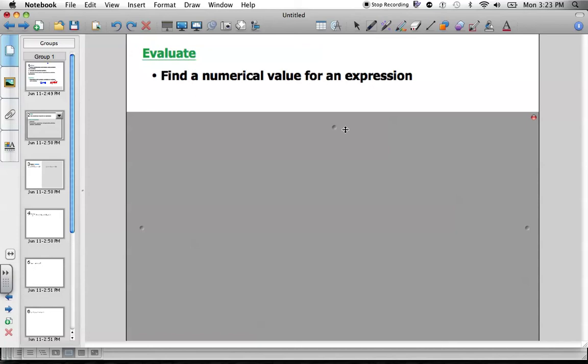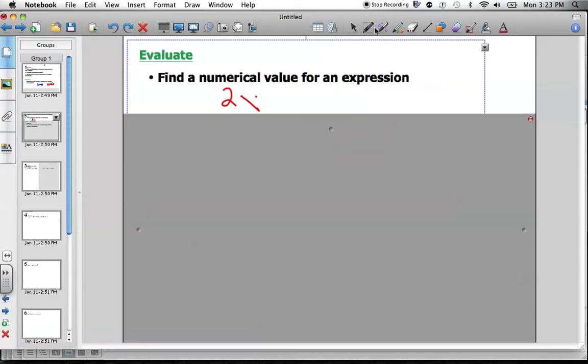So if we go back and I say, okay, here's an expression, 2x plus 5, and I'm going to tell you that the value for x equals 2.